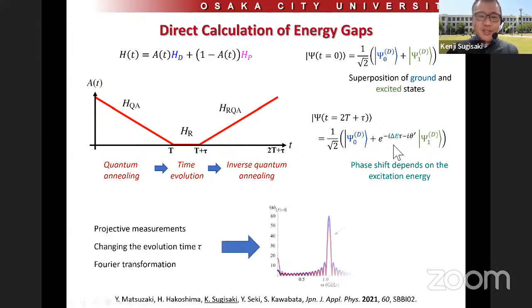So it means if we perform the projection measurement after this protocol and change the evolution time, this is the time for the time evolution, and then perform Fourier transformation, we can obtain a peak corresponding to the excitation energy.